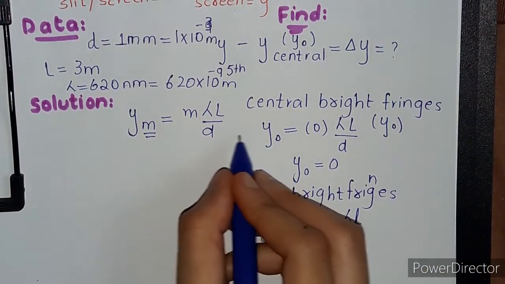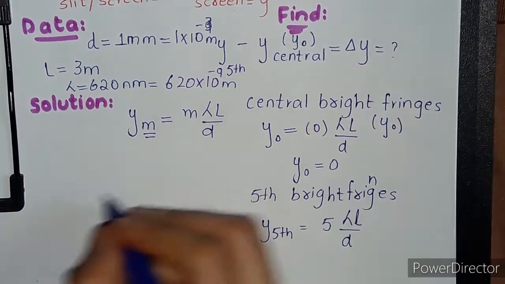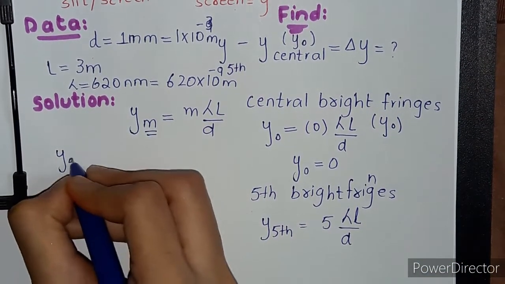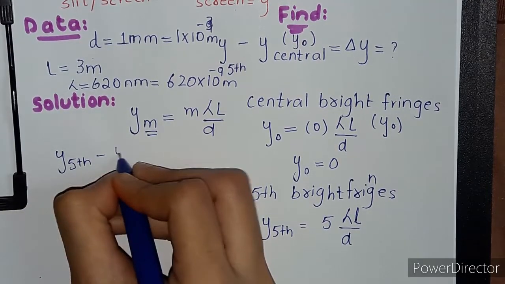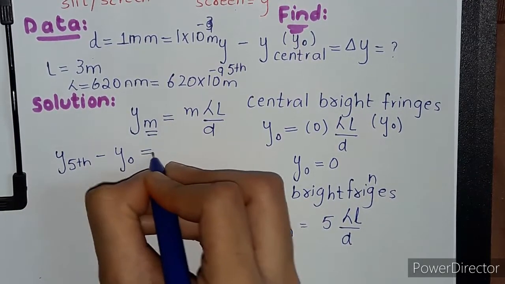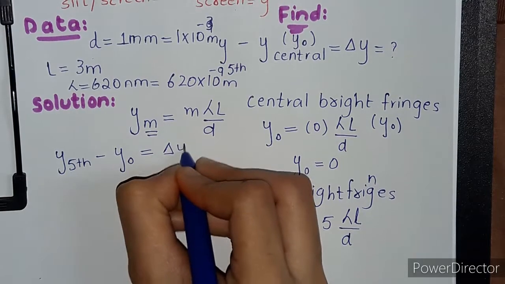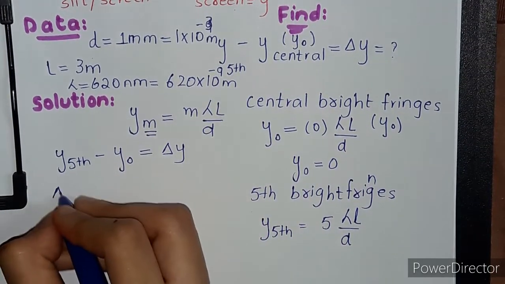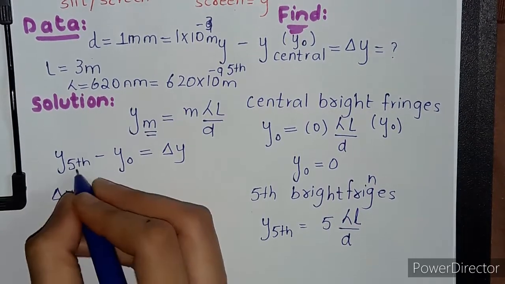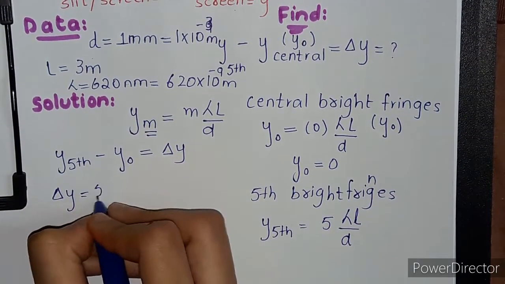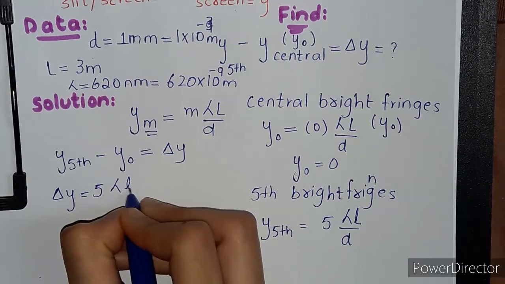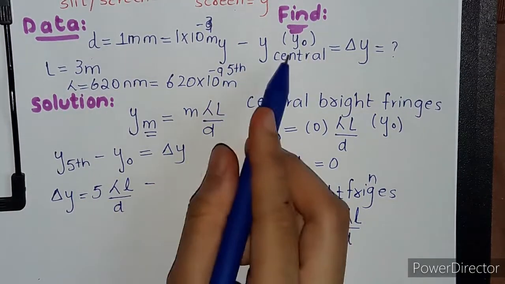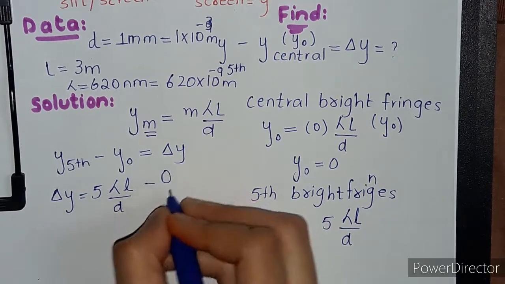Putting both values in this equation, I am rewriting this equation: y fifth minus y naught is equal to the change in y. So we have to find this. So change in y is equal to y fifth, which is 5 lambda L divided by d, minus y naught, which is 0.